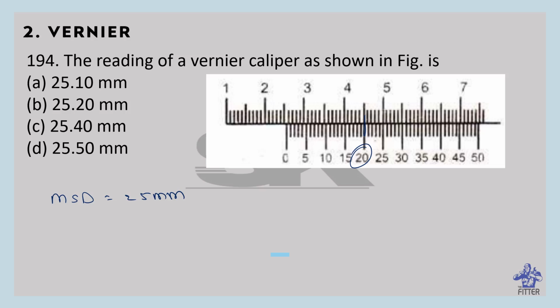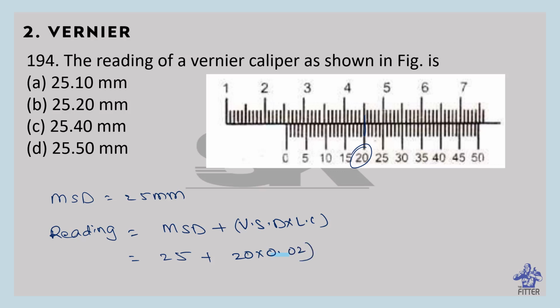So reading equals main scale division plus vernier scale division into least count. Here main scale division is 25 plus vernier scale 20 coincides, and 0.02 is the least count. So 25.40 mm is the right answer. Option C, right?